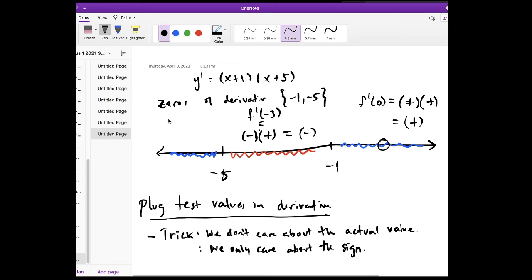Okay, how about a test value over here? How about, I don't know, -10? Is the first factor positive or negative?